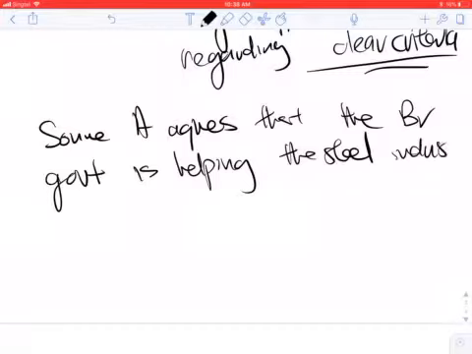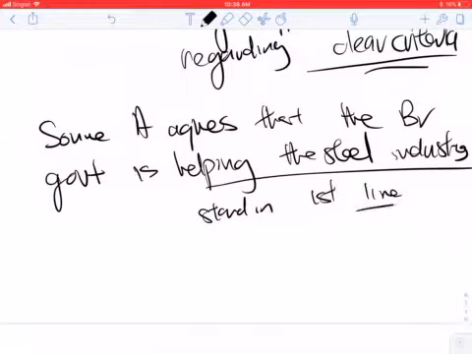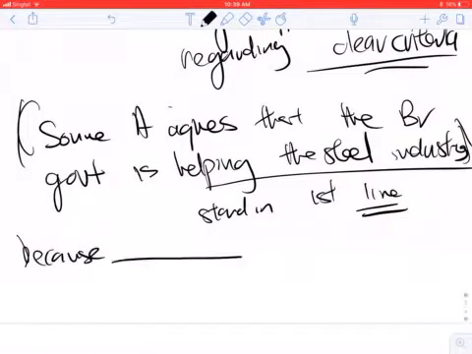Okay, stand in first line. Okay, don't say agree with the statement. Just write the whole thing. Source A agrees that British government is helping the steel industries. Then because, then you find the reason, which is now what I say just now, in your own words.